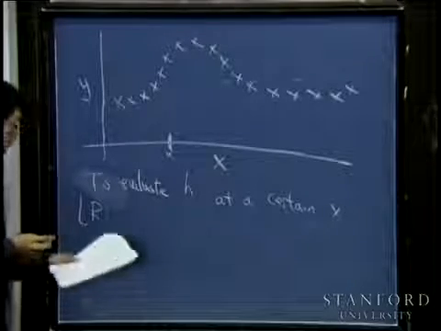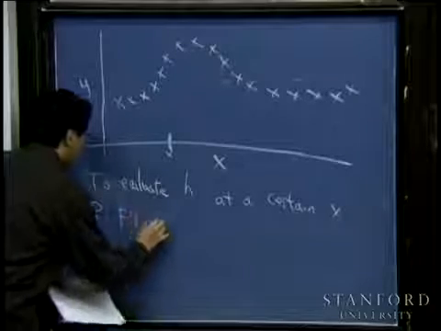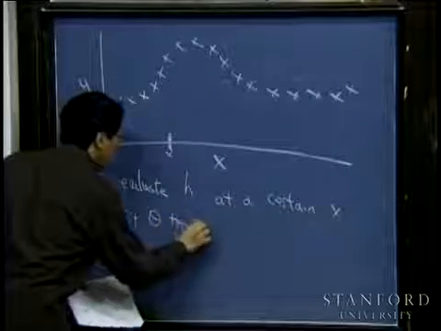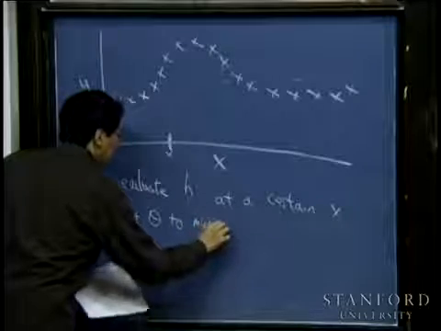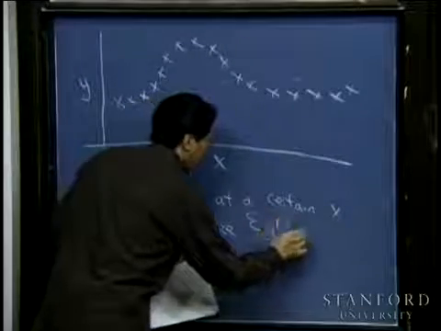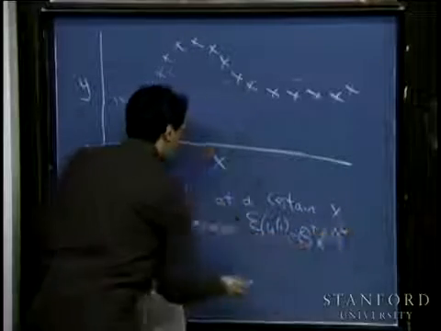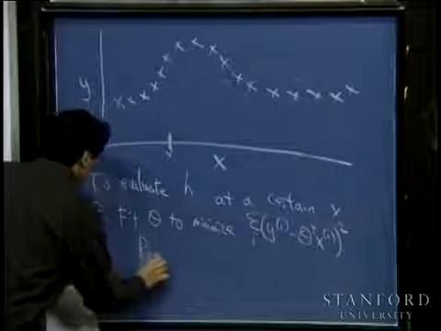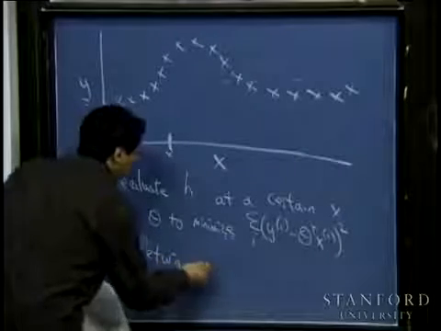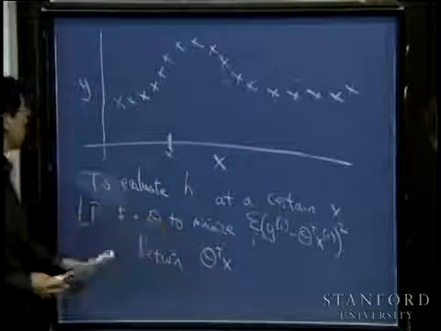So for linear regression, what we were doing was we would fit theta to minimize the sum over i of (y^i minus theta transpose x^i) squared, and return theta transpose x. Okay, so that was linear regression.